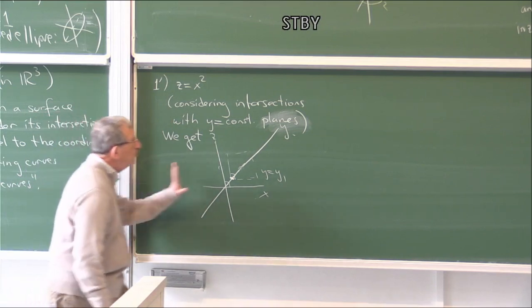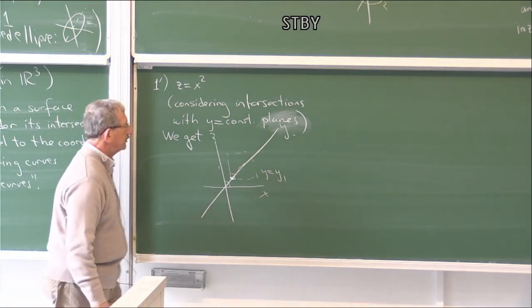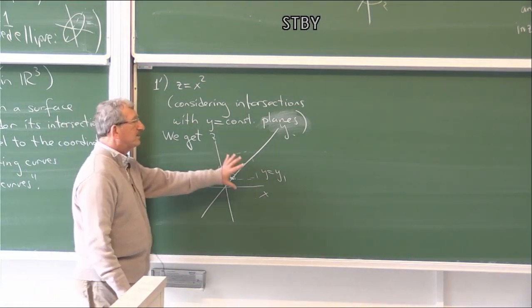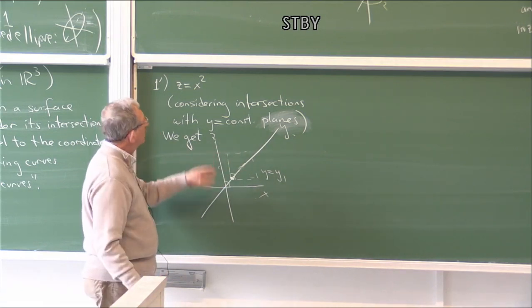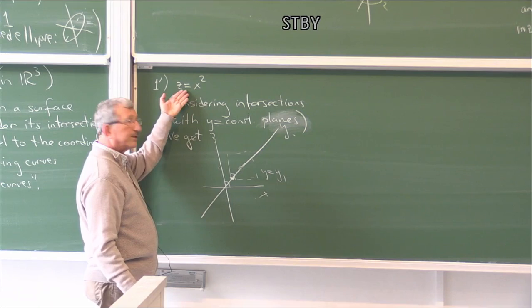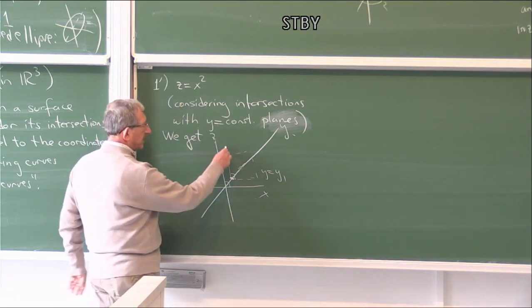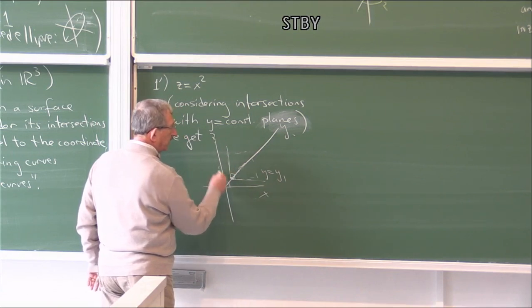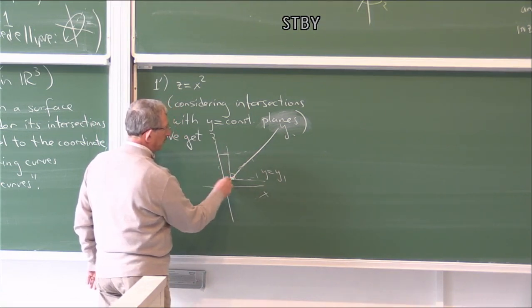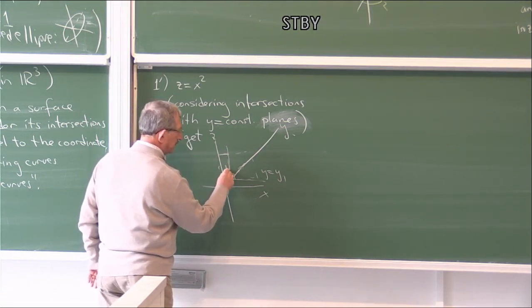It's just moved a little bit in this direction. On this plane, when y is y1, we have z equal to x squared. Well, this is the z-axis, this is the x-axis. So on here, it looks like this.